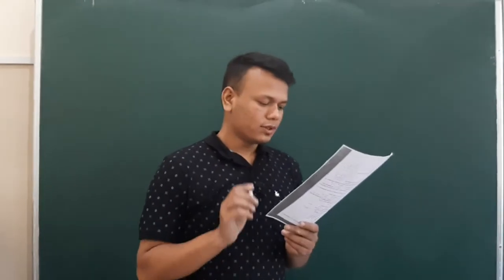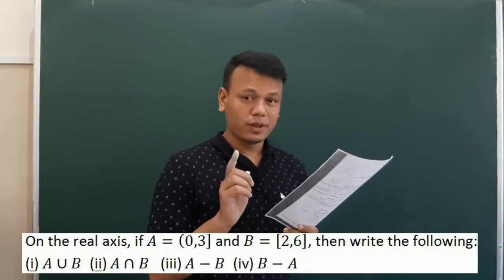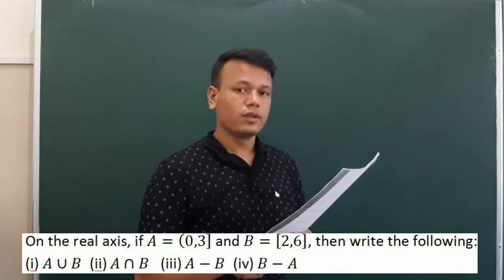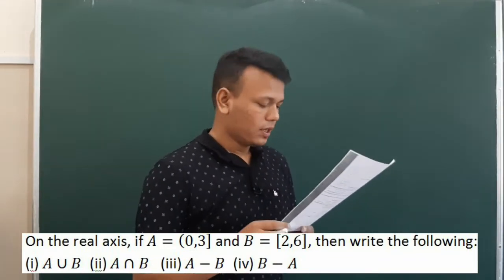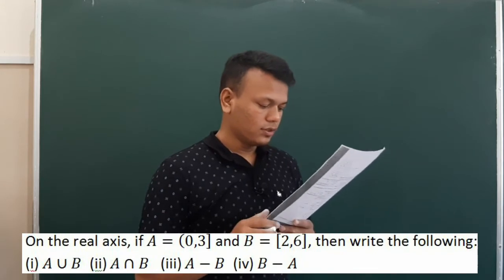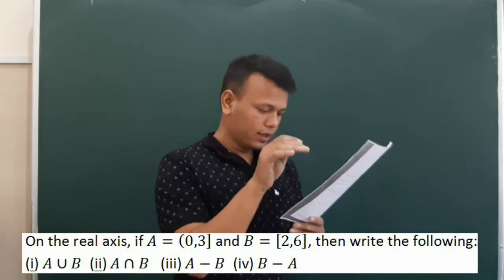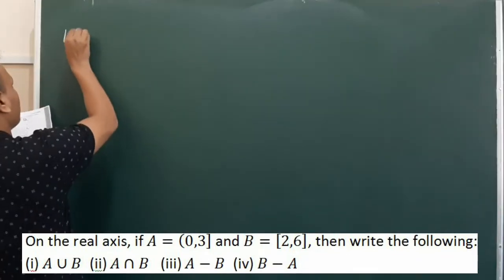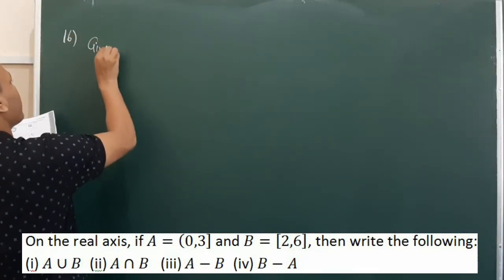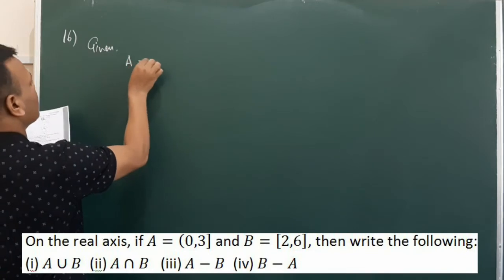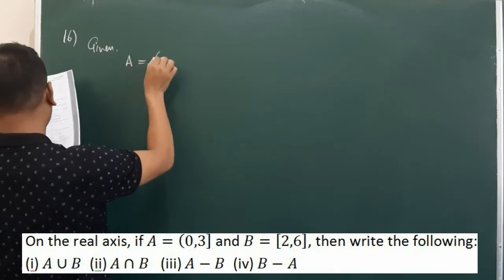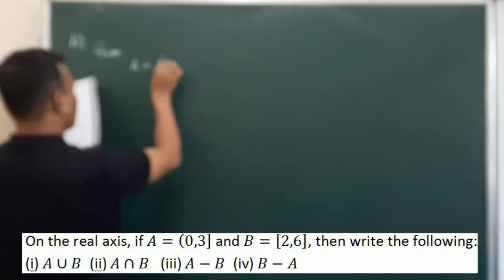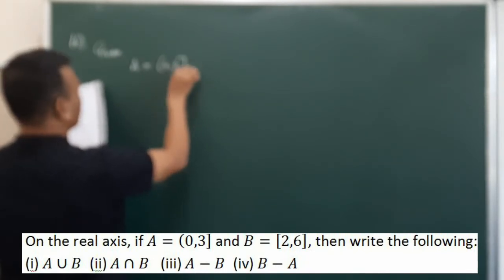Now let's take question number 16. It's going to be a bit tricky question, because you may face the same kind of question during your competitive exams as well. So let me read the question for you. Question says, on the real axis, that is the real line, A is given to be open 0, 3 closed.